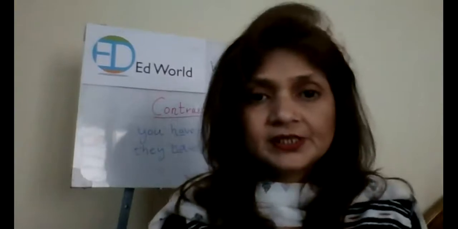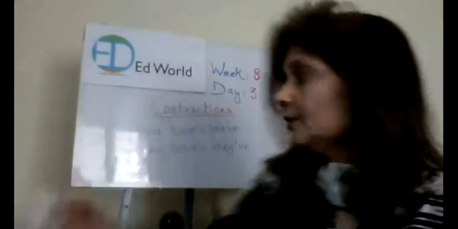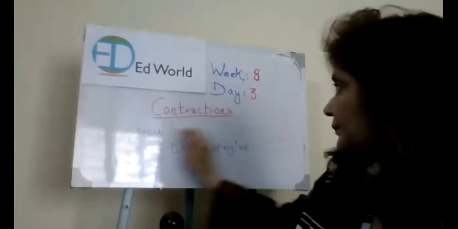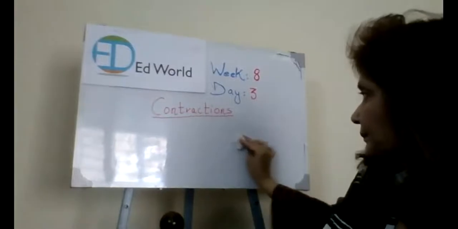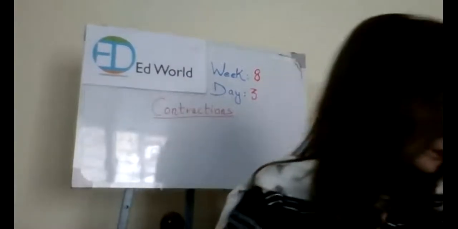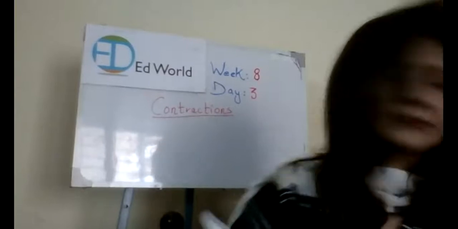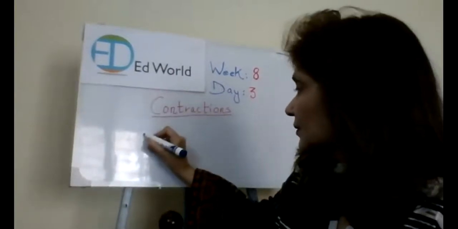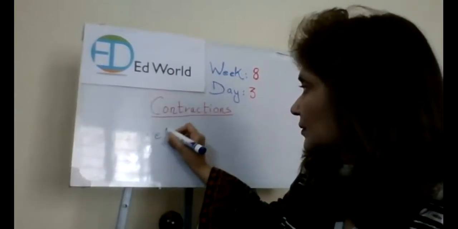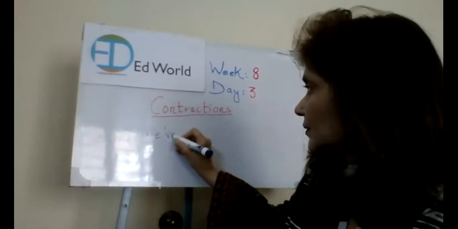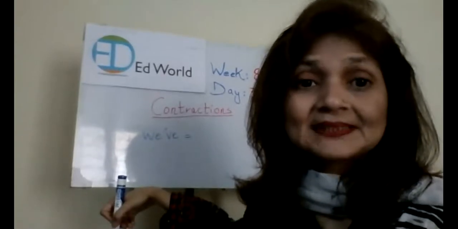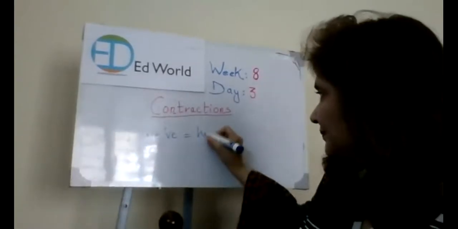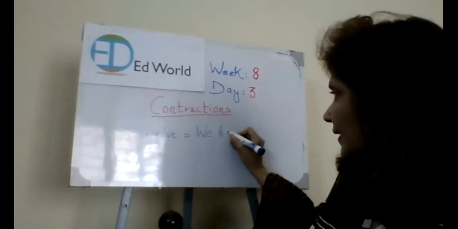Now you have to write down the contractions of some words that I'll be writing on the board. You are going to tell me the contractions of these words, okay? Now, this is the contraction of which words? Correct, "we have".